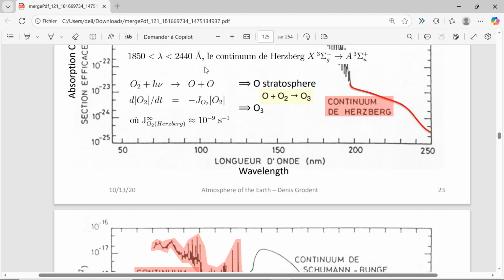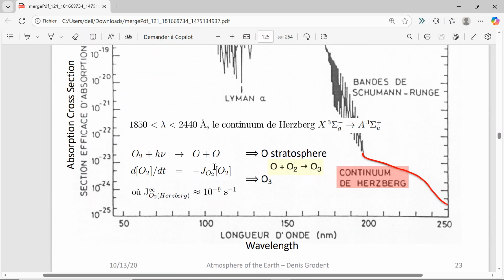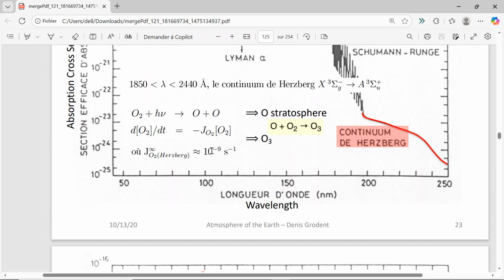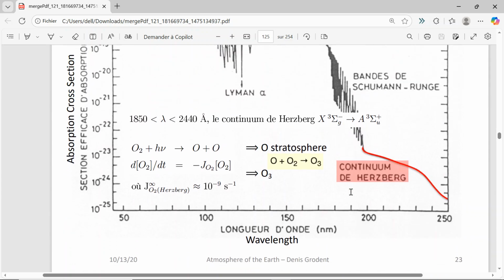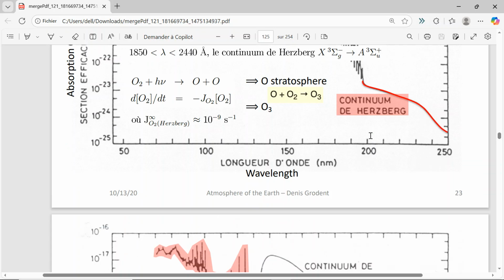All right. This is the rate of formation of ozone. We'll talk about it later on when there is a constant right here. So we are switching into a photodissociation regime.